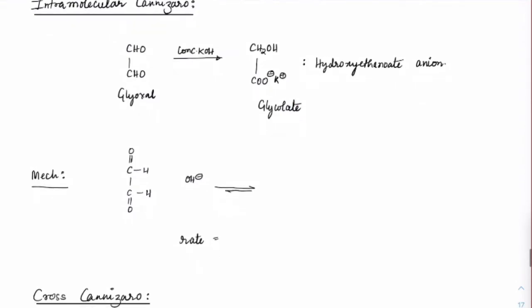What would happen? OH minus will again attack one of the carbons here, and that makes it HOCO minus, HC double bond OH, right? Now as soon as this closes here, this hydride shift is observed.